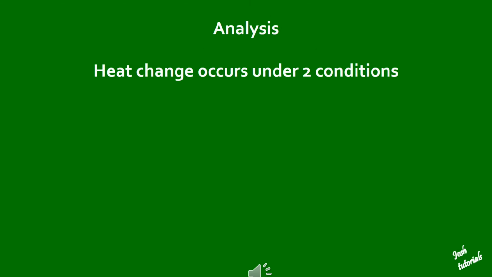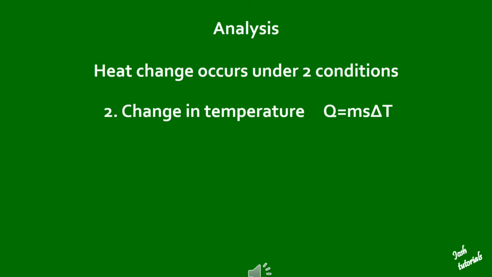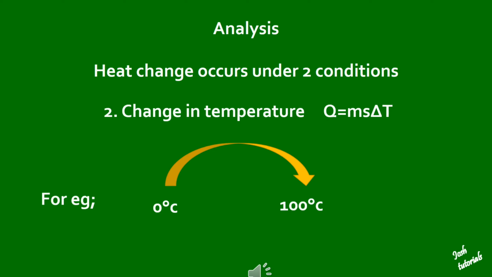And the second thing is change in temperature, for example, 0 to 100 degrees or 50 to 40 degrees, anything. You use the formula Q = mSΔT, where m is the mass of the substance, S is the specific heat of the substance, and ΔT is the change in the temperature.